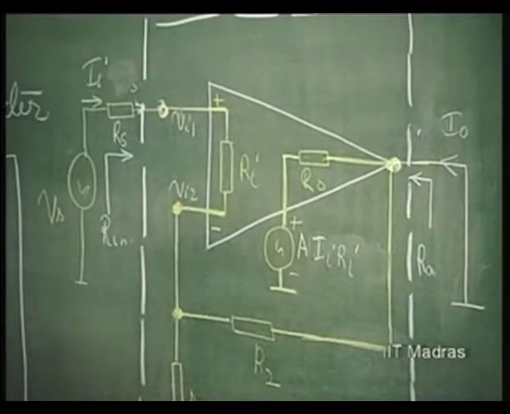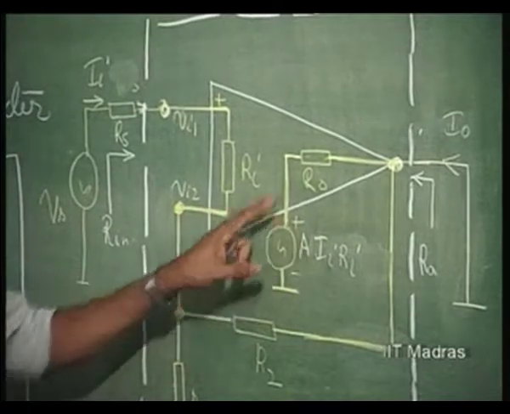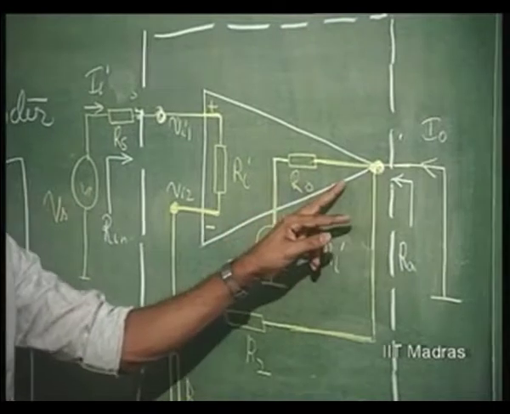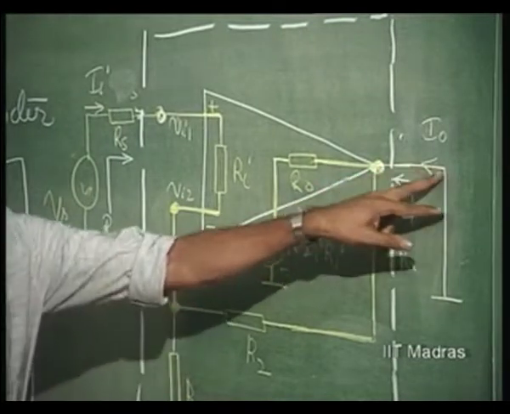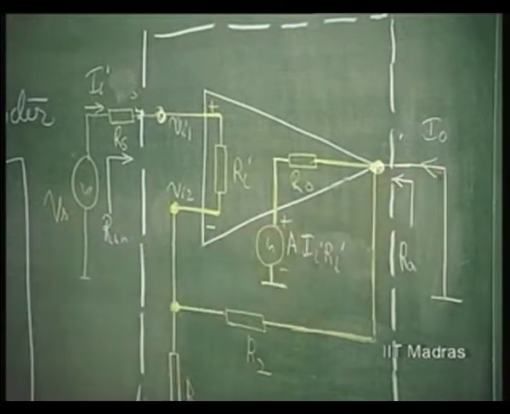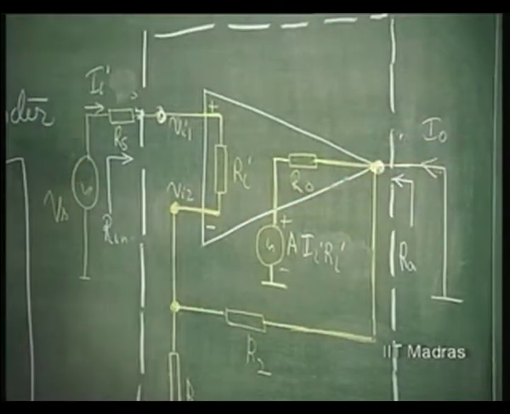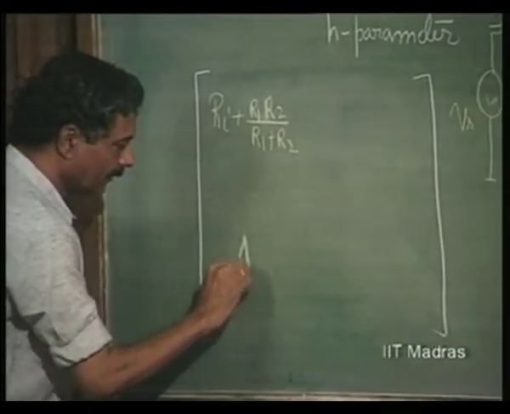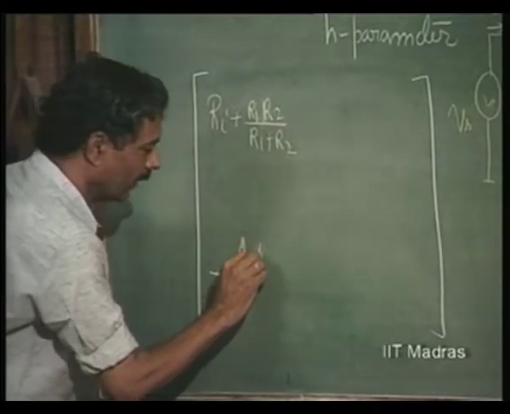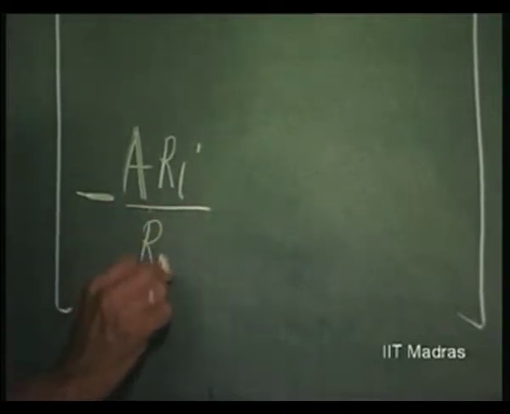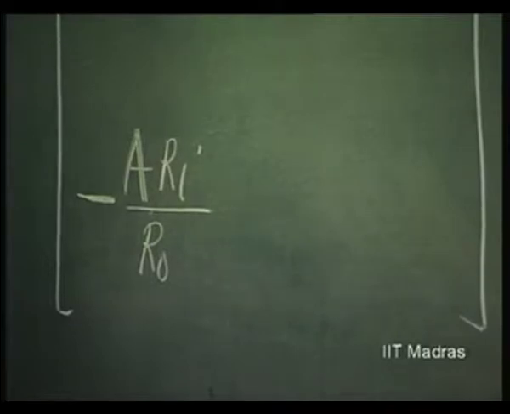Next, if this is the voltage, what will be the current through the short circuit? A times Ri divided by R naught, but flowing in the opposite direction to what we have assumed. So there is a negative sign indicating that it is actually flowing this way. So A times Ri divided by R naught, into Ii, divided by Ii, is the current gain. That is the output current.